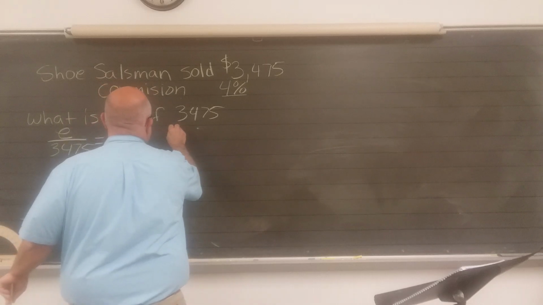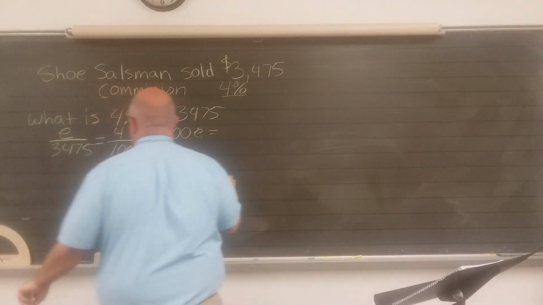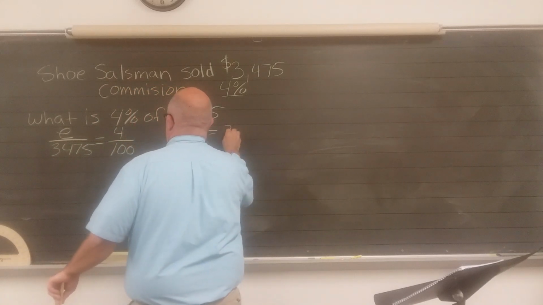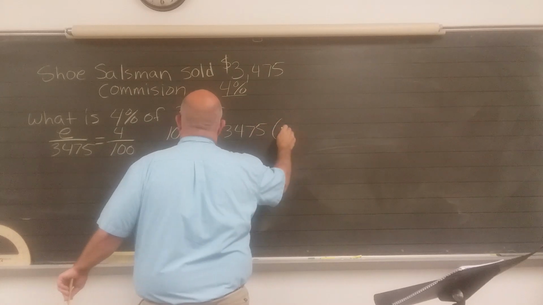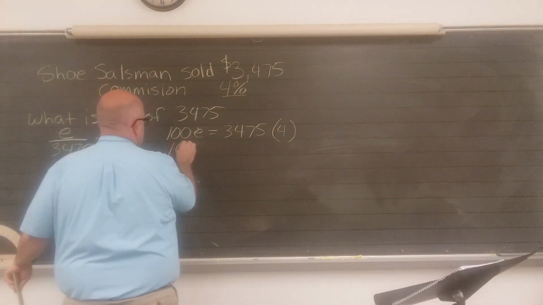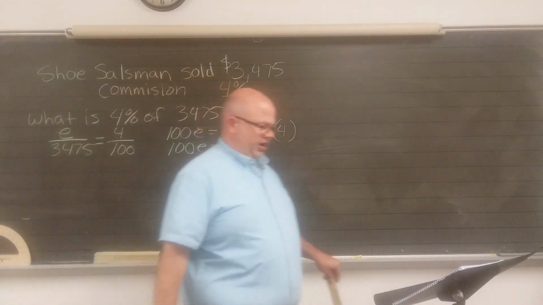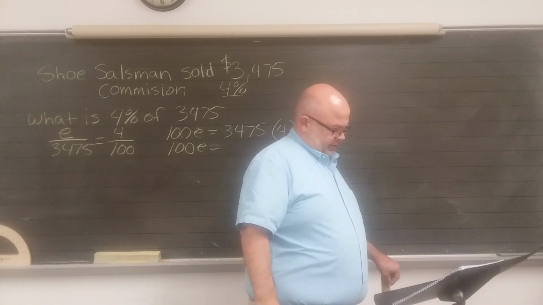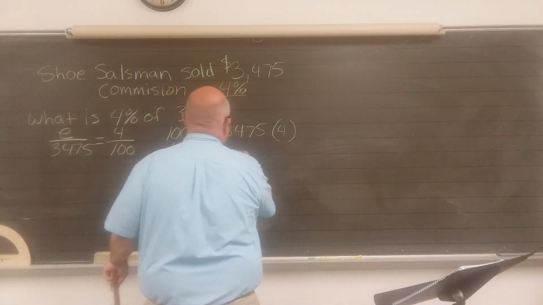So your equation is 100E equals 3,475 times 4. All right, so 100E equals, what is 3,475 times 4? 13,900.